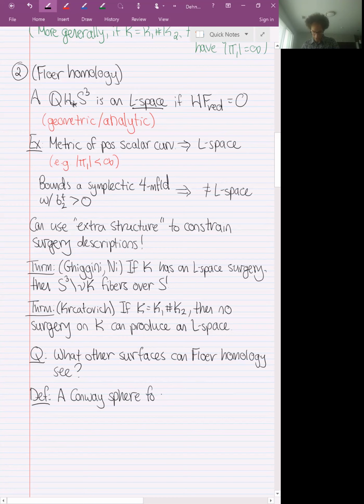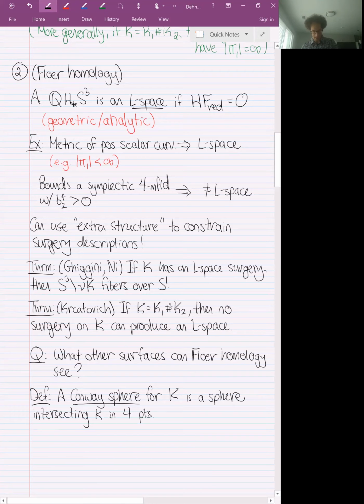So a Conway sphere for a knot is a way of sort of separating a knot into two pieces. So we'll say a Conway sphere for K is a sphere intersecting K in 4 points.